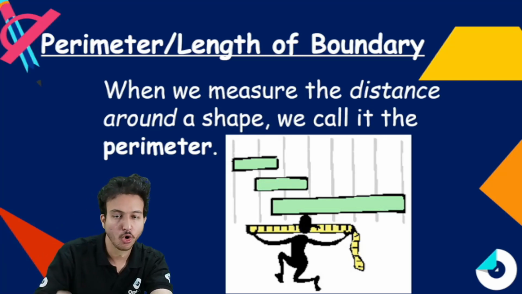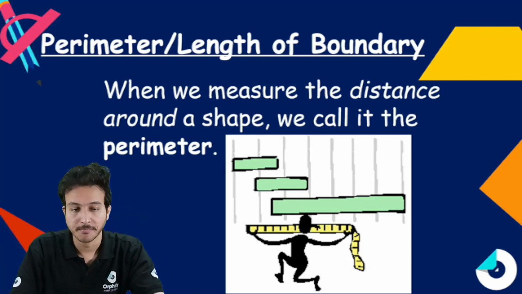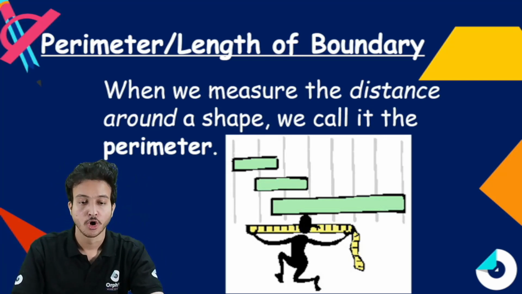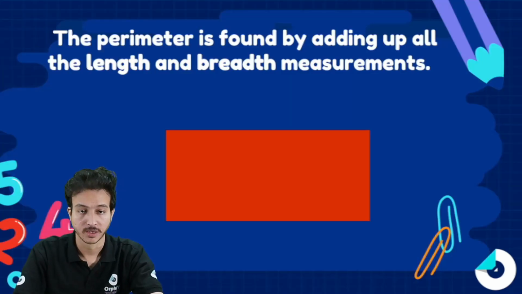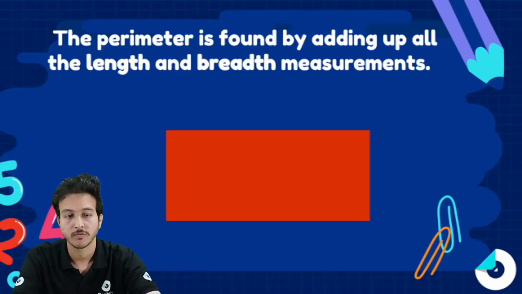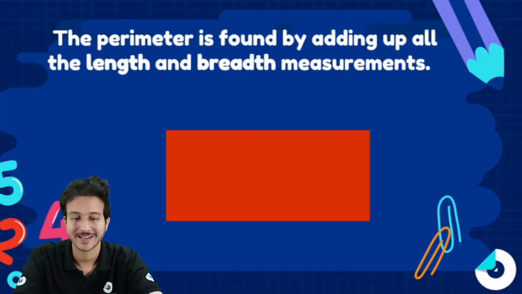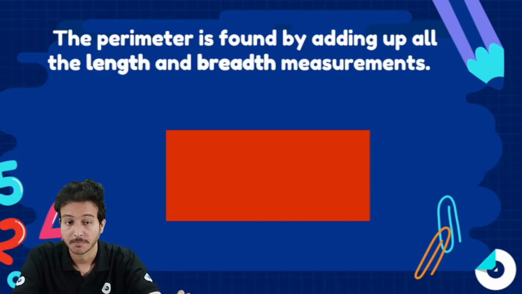If you measure all the lengths and combine them, that will give you the perimeter or the length of your boundary. Let's see, we have a definition over here. The perimeter is found by adding up all the length and breadth measurements. It is given to you as a rectangle.